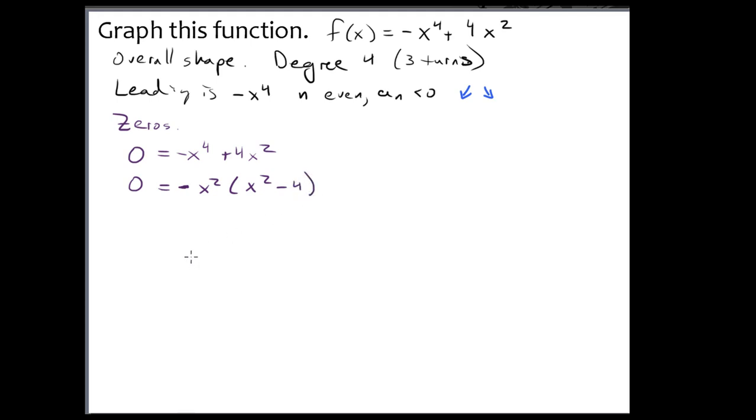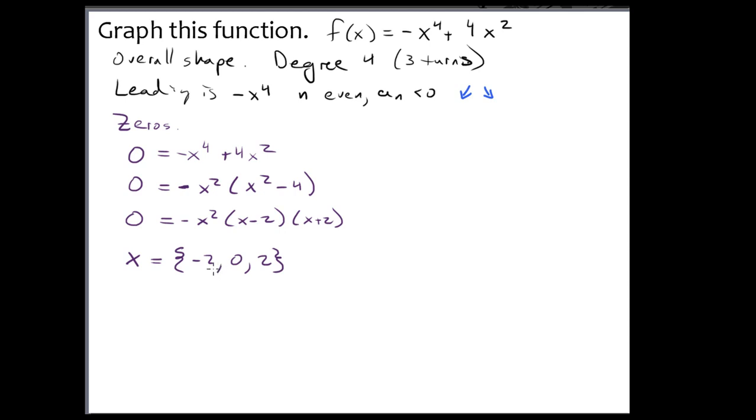And x squared minus 4 factors into x minus 2 and x plus 2. So to find these zeros, I factored. And this got me the zeros, negative 2, 0, and positive 2. Those are the zeros of this function.